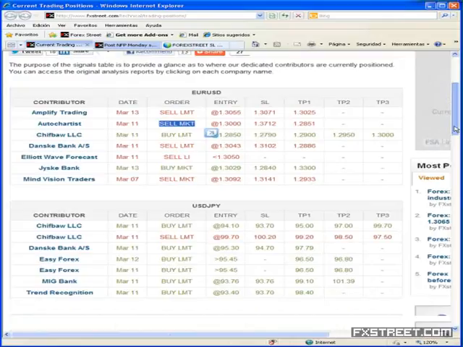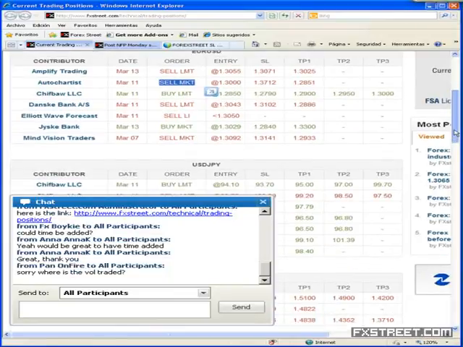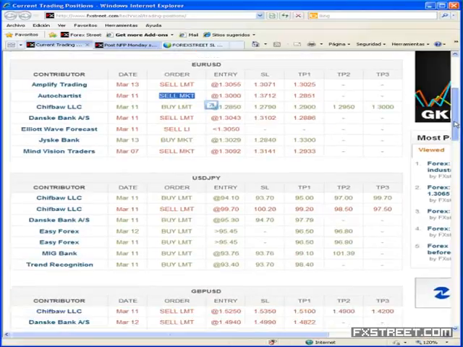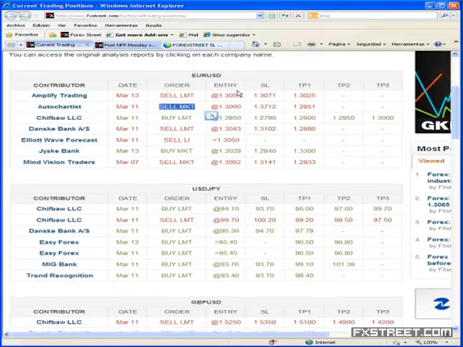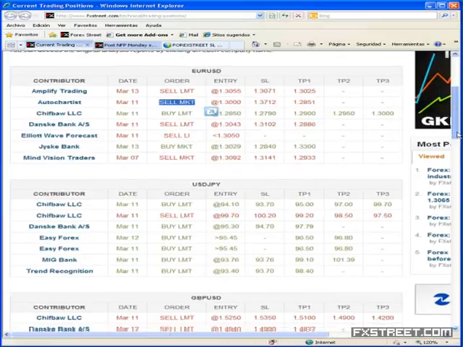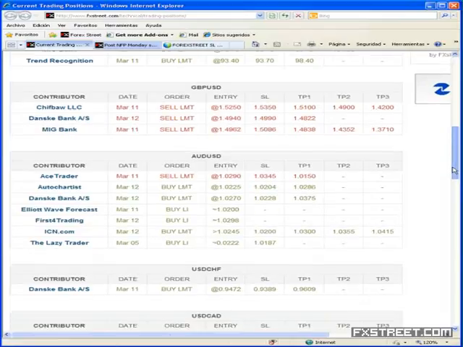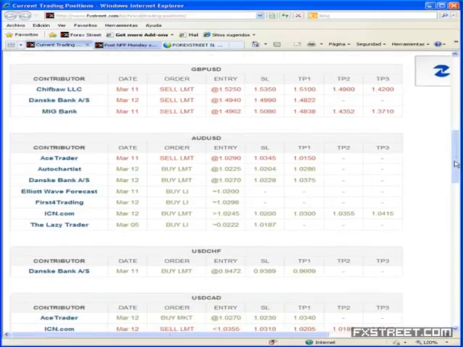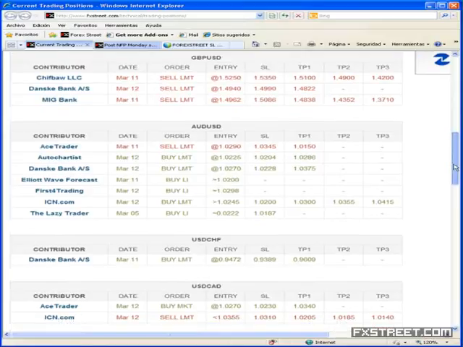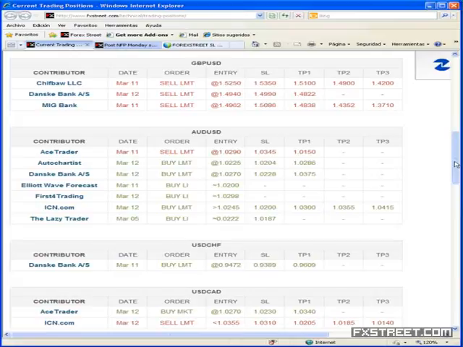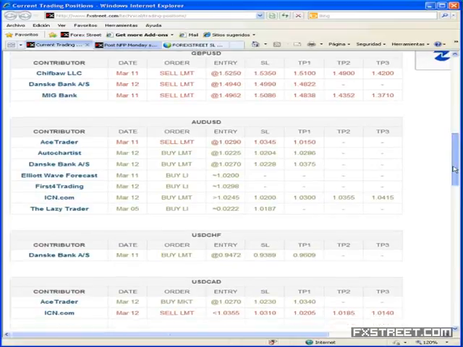What we are seeing here is the positions that are recently introduced into the system. So we have a good number of positions in the major pairs. You see in the Australian there are good positions, also a good number of positions being right now published in the site and collected in this page.